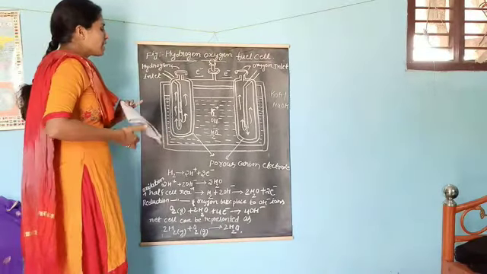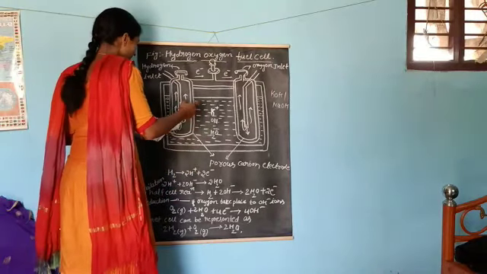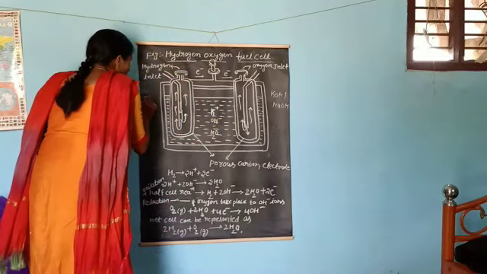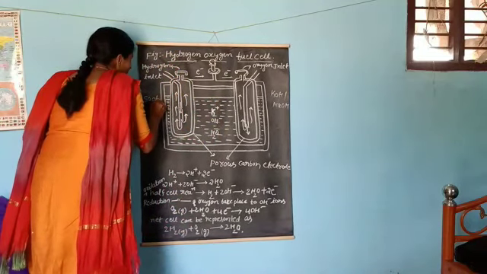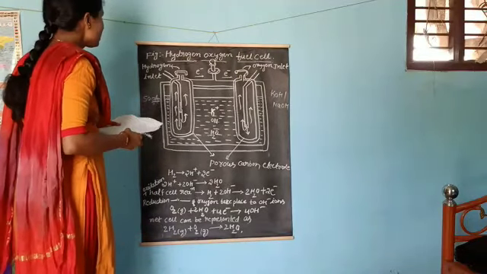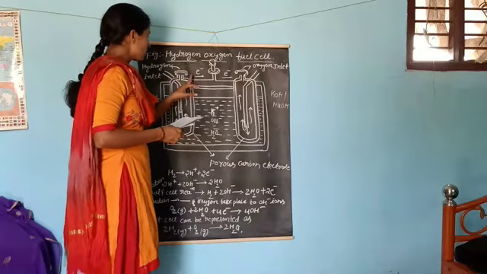Hydrogen and oxygen are continuously fed into the cell under a pressure of about 50 atmospheres. Under this pressure, diffusion takes place into the electrodes, that is the 2 electrodes.